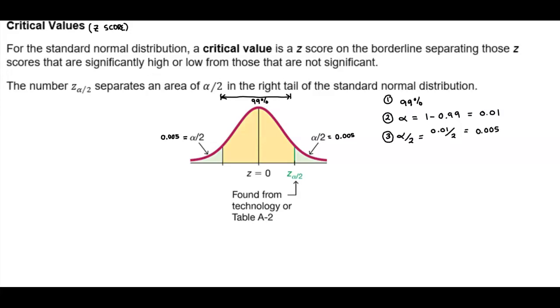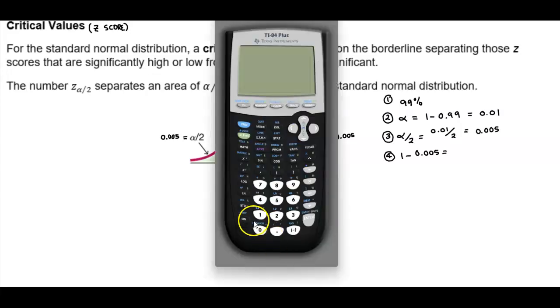Now, one way of looking at this in order to find that z-score is to take 1 and subtract that alpha, which is 0.005. If we take 1 and subtract 0.005, we get 0.9950.